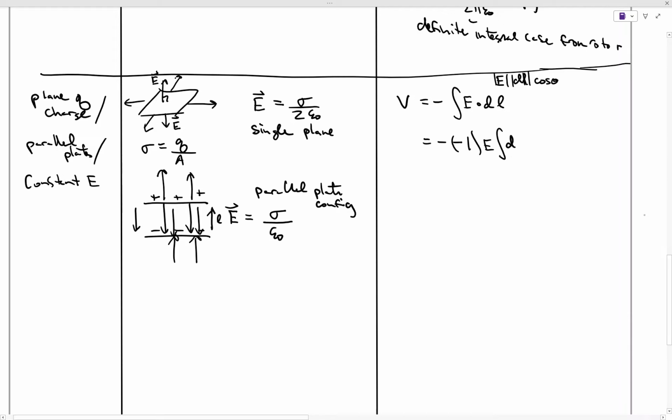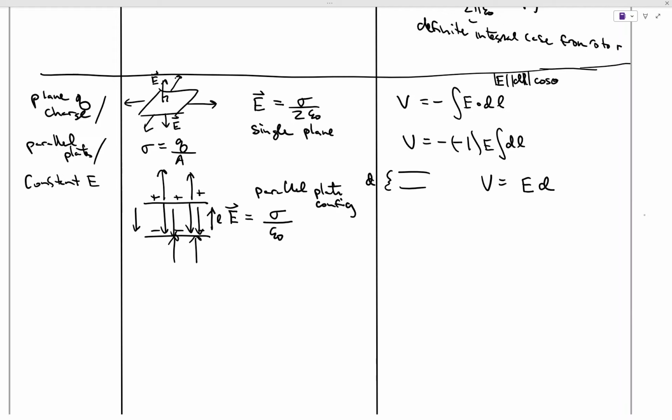And then the integral of dl is just the distance between the plates. So kind of confusingly, we usually call this d. If the plates are separated by a distance d, then what would this become? Well, V would just be E times d. And so this is our expression for the potential between the parallel plate configuration. It's just the electric field, that constant field, times the distance between the plates.